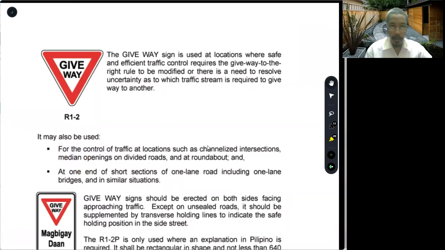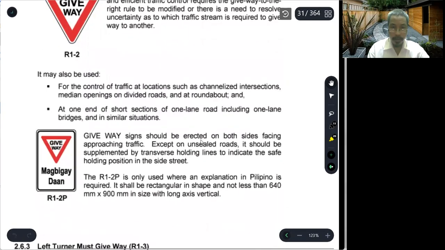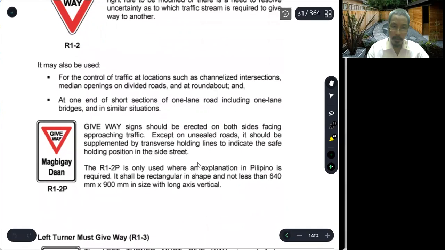Used at locations where safe and efficient traffic control requires giving way, with the right-of-way rule to be modified. May also be used for control of traffic at locations such as channelized intersections, at one end of short sections of one-lane road, including one-lane bridges, and similar situations.